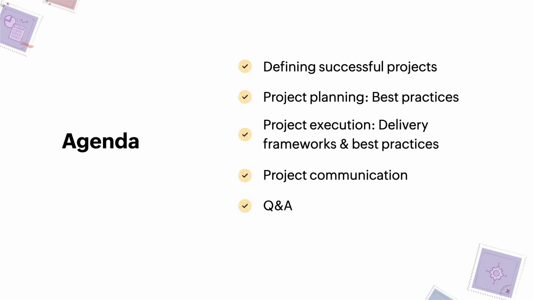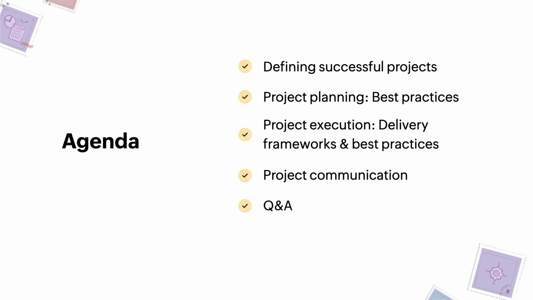Before we get into everything, I'm just going to set a roadmap for the next hour. We're going to first define what we even mean by what is a successful project, because if we don't know what success will look like for what we're trying to achieve, then we will never know if we actually get there.